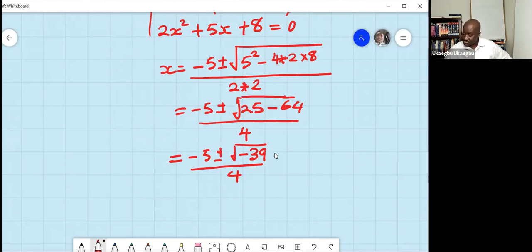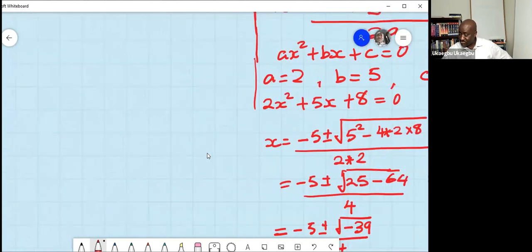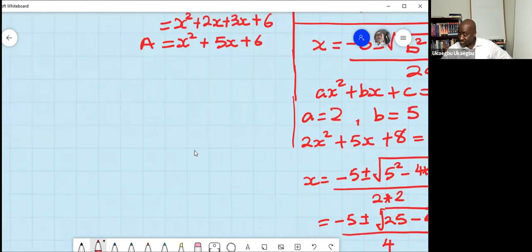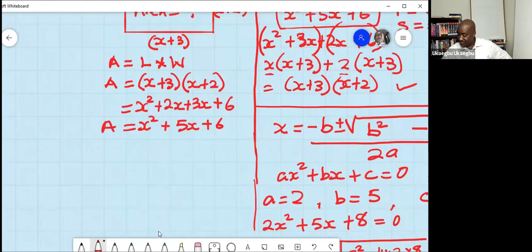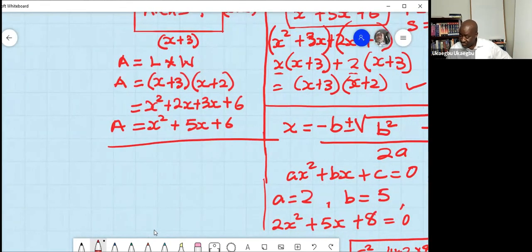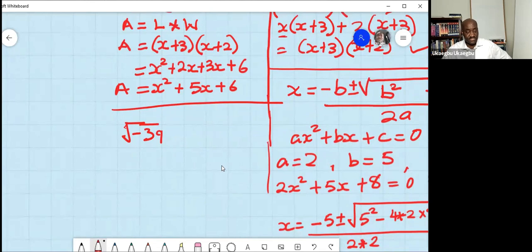That takes us to radicals. Let's just deal with the square root of negative 39 for a moment. In order to solve this, we expand it as the square root of 39 multiplied by the square root of negative 1.